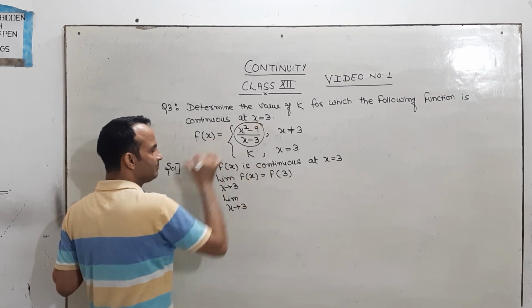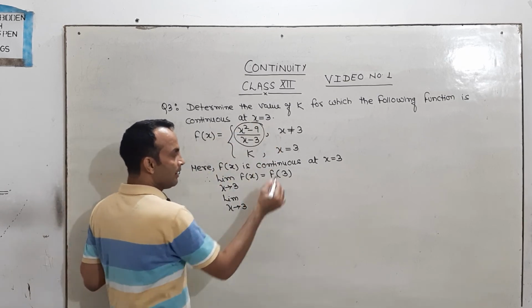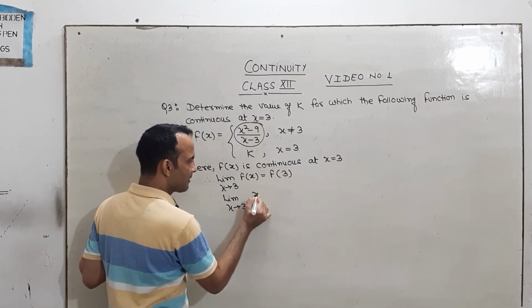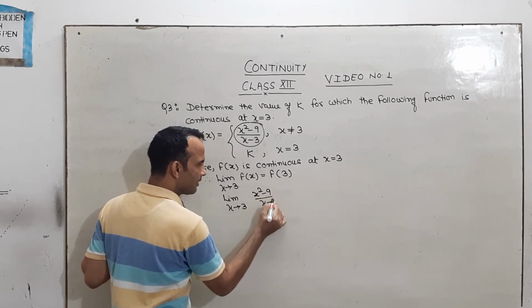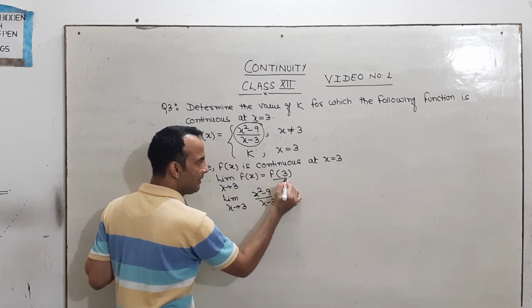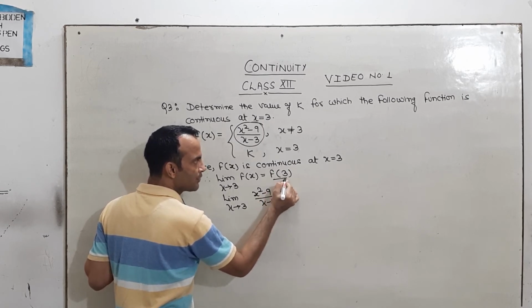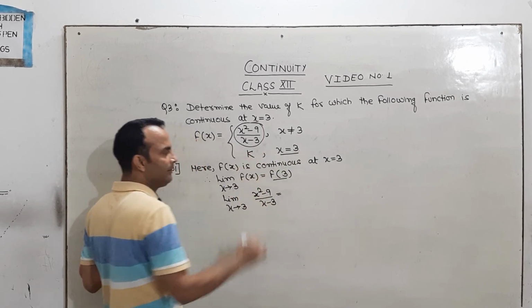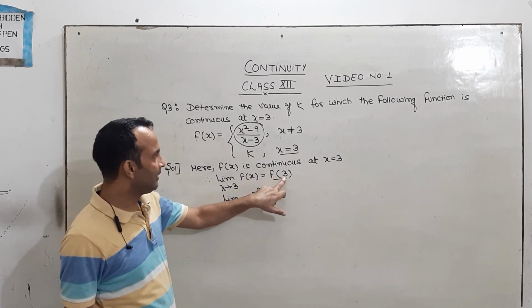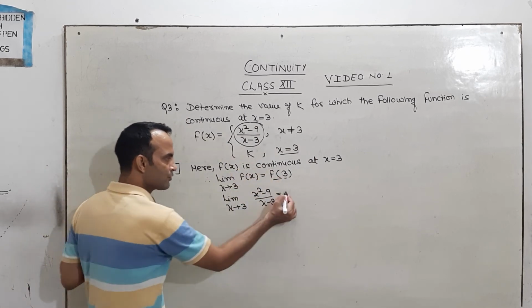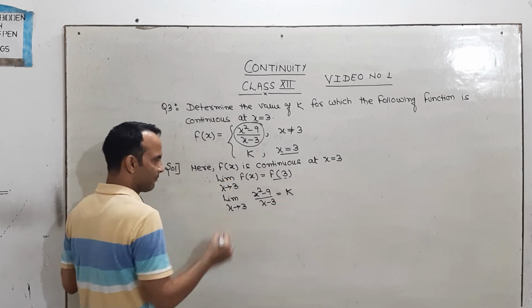This is f(x): (x square minus 9) upon (x minus 3) is equal to f(a), means f(3). See, x is equal to 3 means what is the value of the function when x is equal to 3? Here it is given k. So we have to write k.